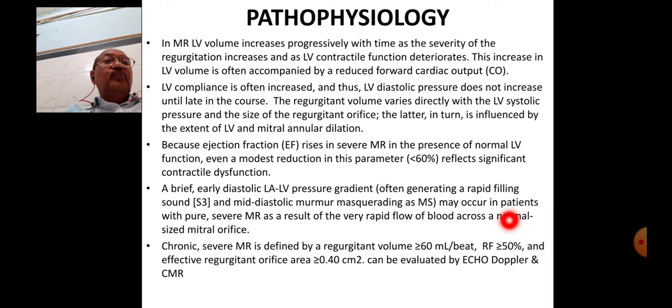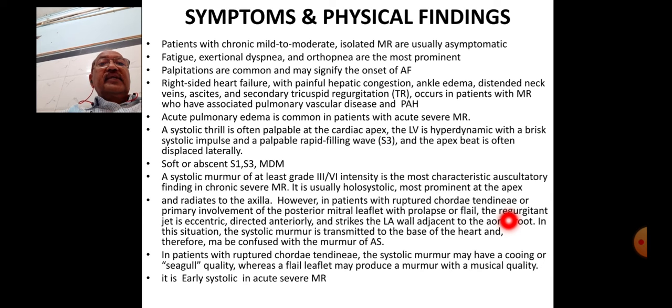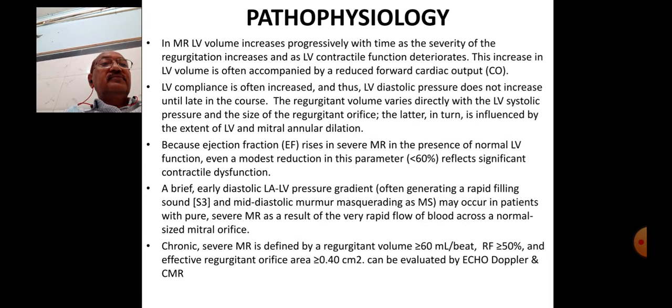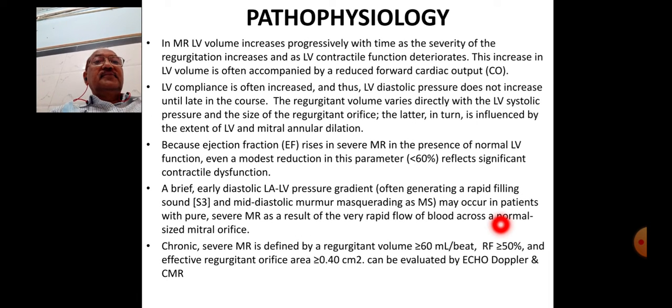Regurgitant volume varies directly with the LV systolic pressure and the size of the regurgitant orifice. The latter in turn is influenced by the extent of LV and mitral annular dilatation.